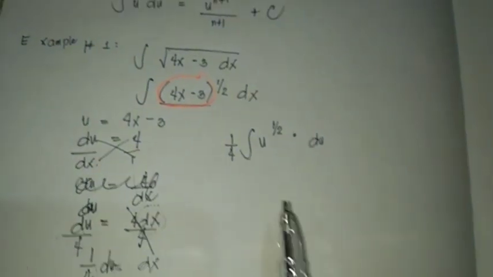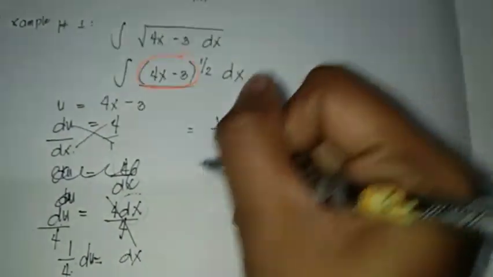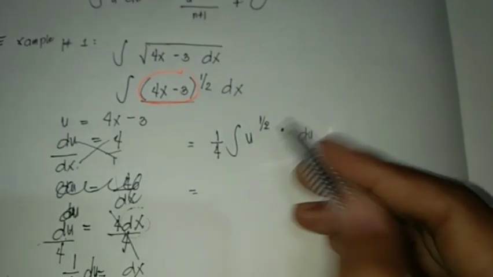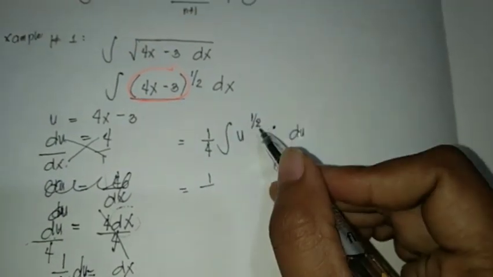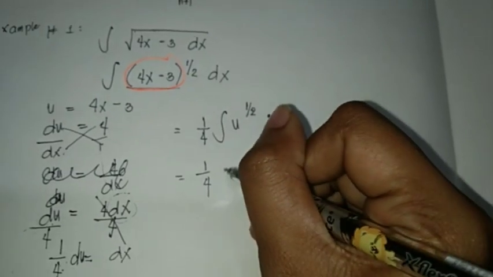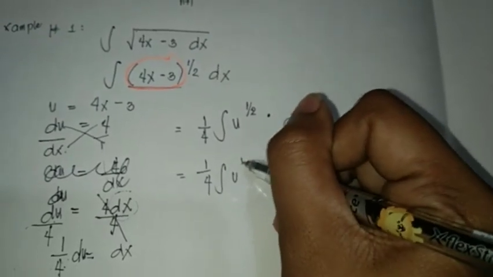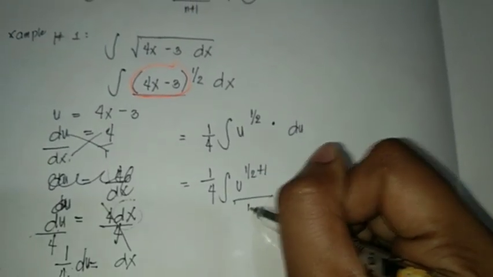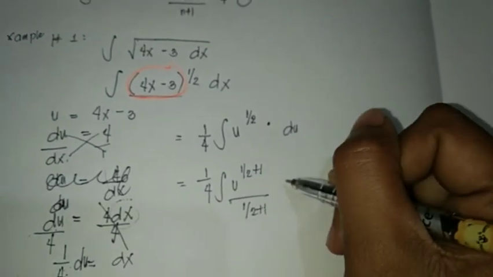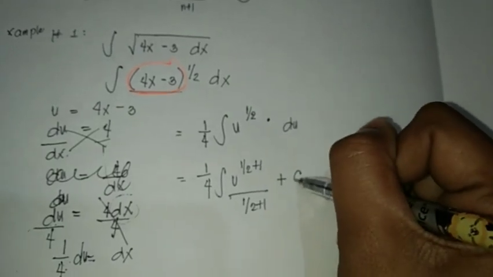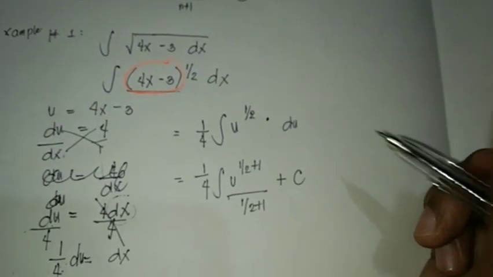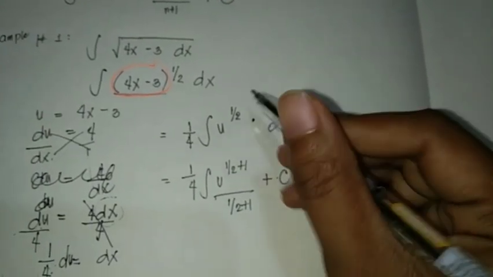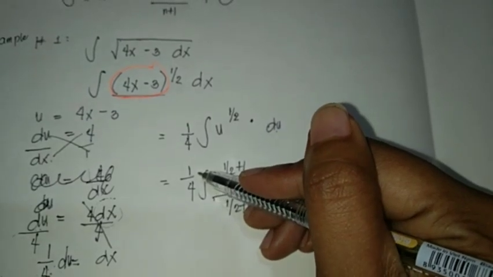So therefore, we will now apply the exponent rule: 1/4 integral of u to the power of 1/2 plus 1 over 1/2 plus 1 plus c. Our du is already gone because we already put the 1/4 here.